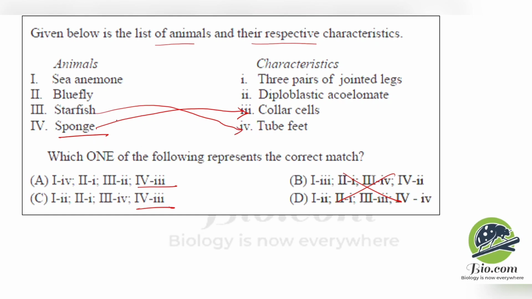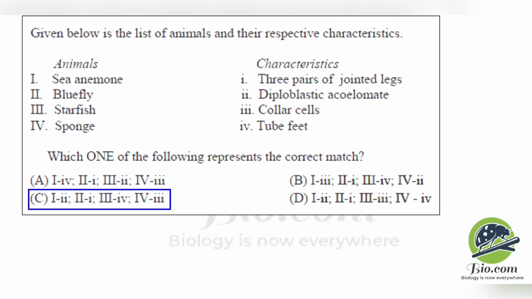So where is 3's 4 given? Only in C. That means A is also eliminated. Sea anemone is known for its diploblastic or acoelomate nature, and blue fly has 3 pairs of jointed legs. It is a part of insecta, that means this is an arthropoda species. So as per the options, the right answer for this question is option C.